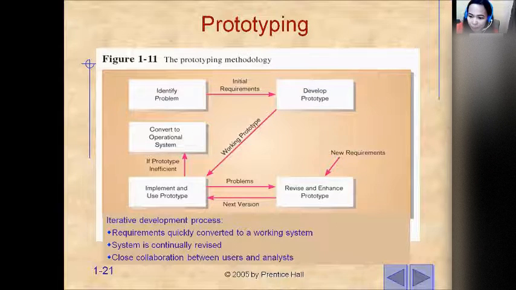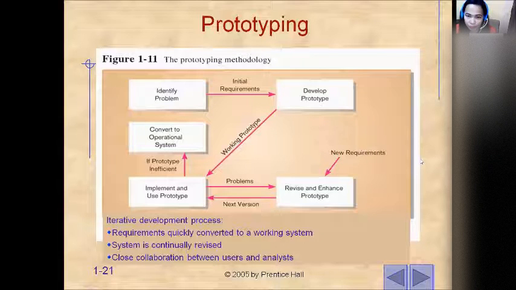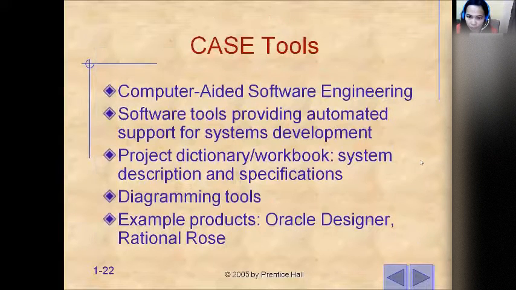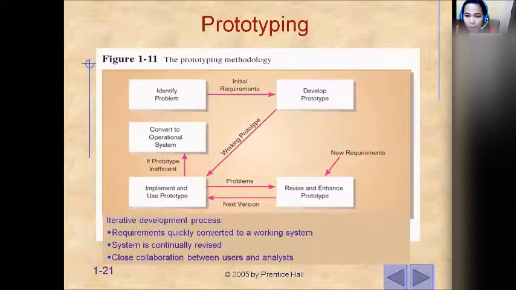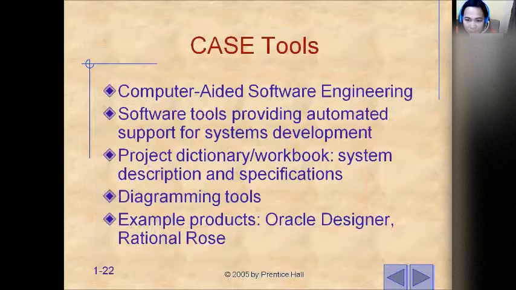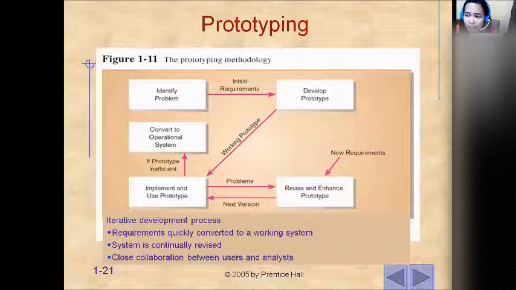Okay, next. By the way, before we proceed with the CASE tools, there are different types of prototyping. We have the throwaway, we have the working, and we have the rapid also.